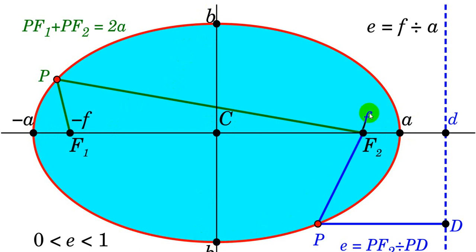We have one focus here and the other on the other side, one plus and one minus, and we call them F1 and F2.